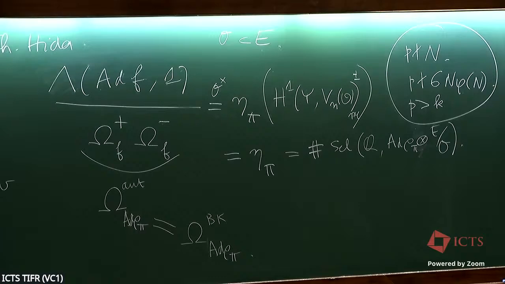And this Petersson norm, I will explain how it is naturally computed as a congruence number. This is part of the formalism of the congruence number. But the fact that adjoint L can be computed as a Petersson product is some analytic fact, which is not always proven. So we have to be a little careful about this type of adjoint L.